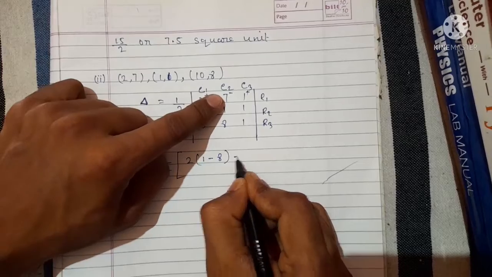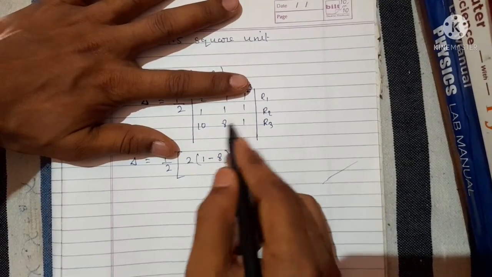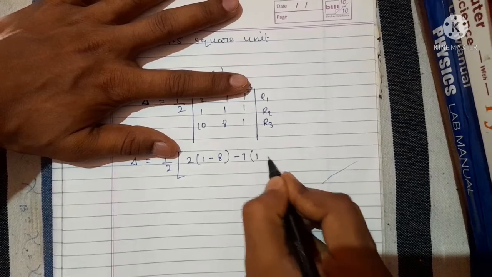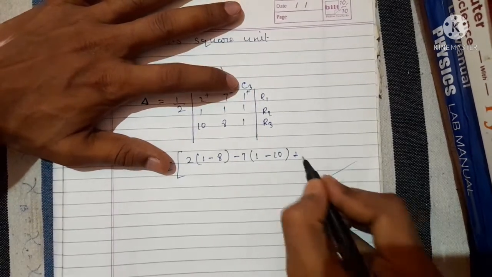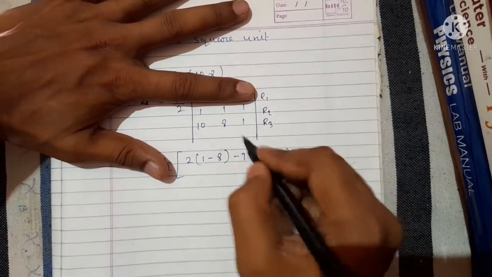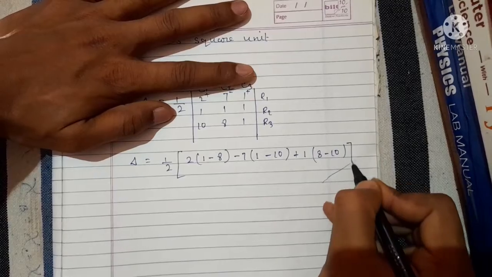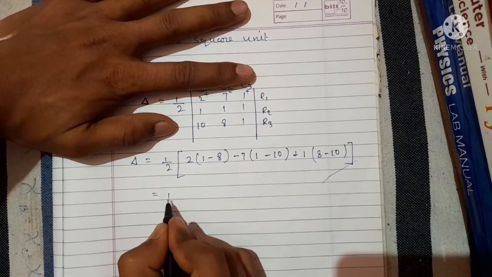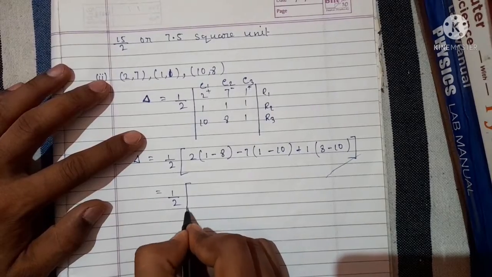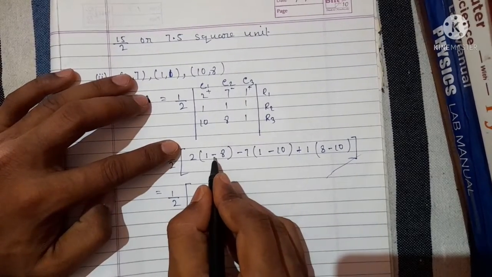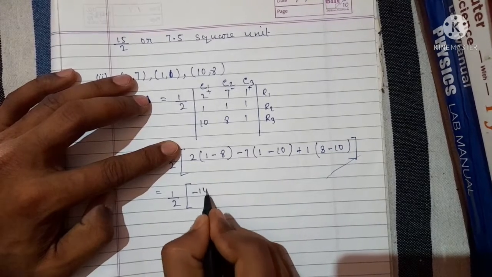Then it will be minus 7, first row second column, left with 1, 1 and 10 and 1. So 1 into 1 equals 1, minus 10 into 1 equals 10. Plus 1, first row third column, 8 into 1 equals 8, minus 10 into 1 equals 10, second bracket close, half into 1 minus 8 equals minus 7, minus 7 into 2 equals minus 14, right?